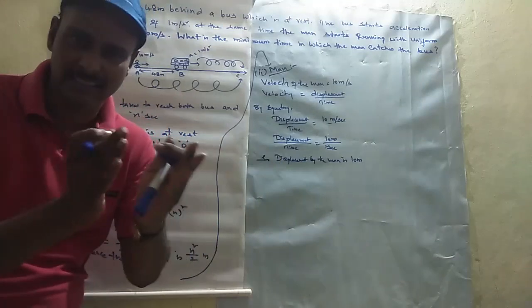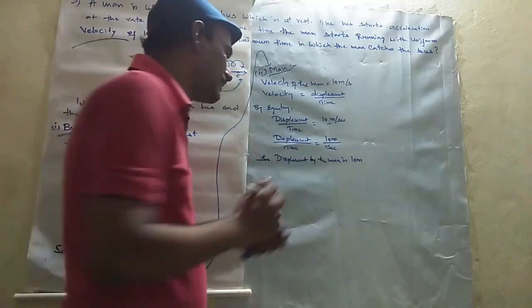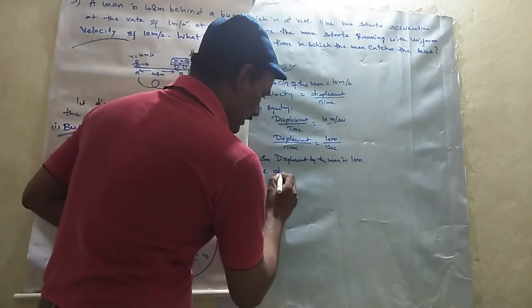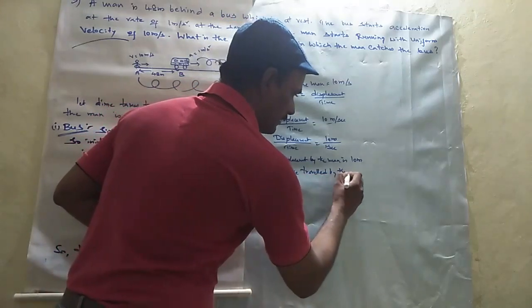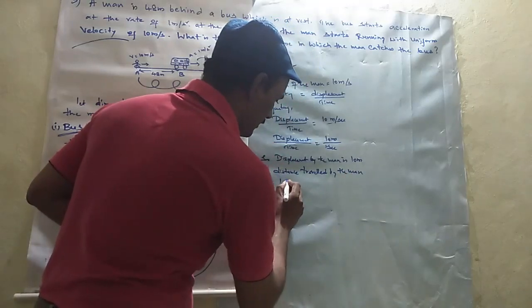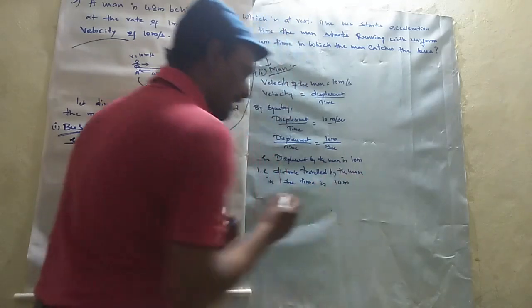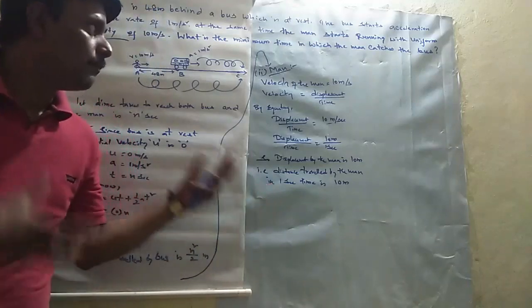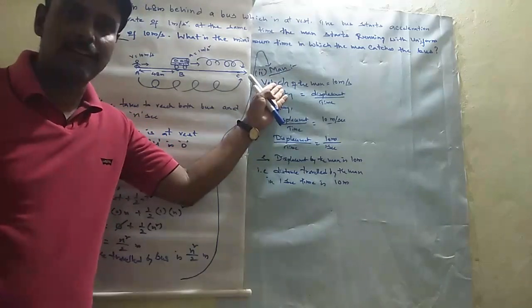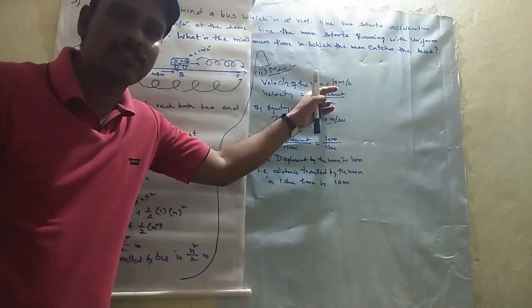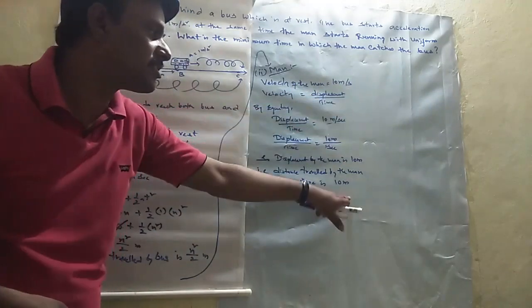Displacement means the shortest distance, generally the distance traveled by the man in 1 second, which is 10 meters. So what did I get? By observing this velocity, I got the distance traveled per every 1 second: 10 meters distance he traveled.